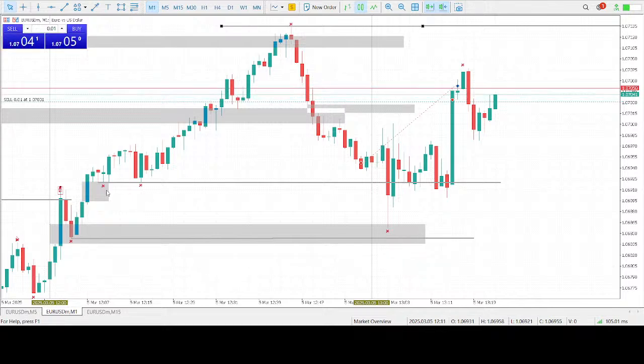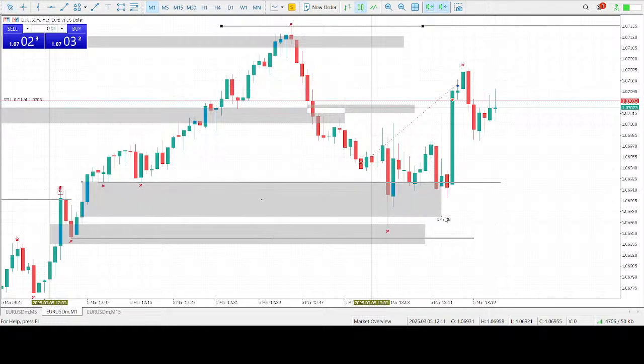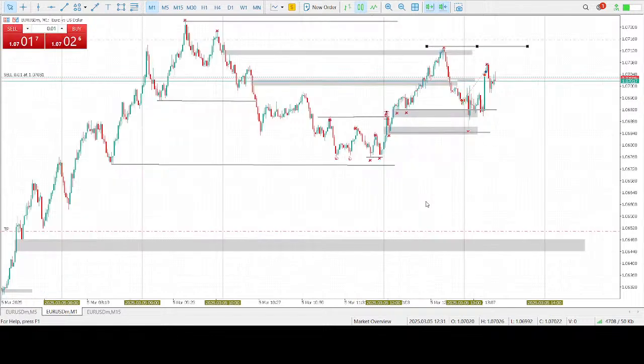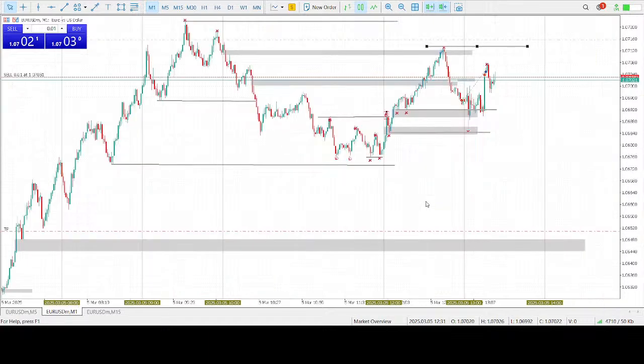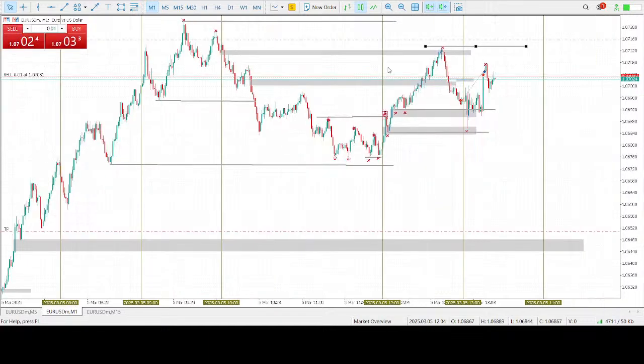Price didn't take out any of these. It actually recovered in these. The likely scenario is that it could consolidate around here before it falls to either side, and then maybe take out a buy side first.